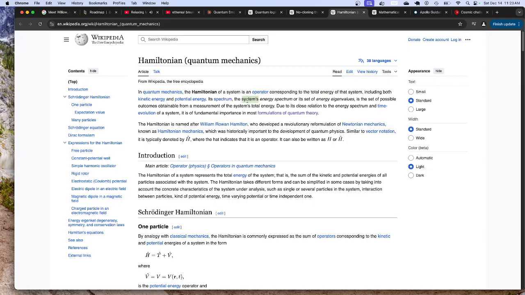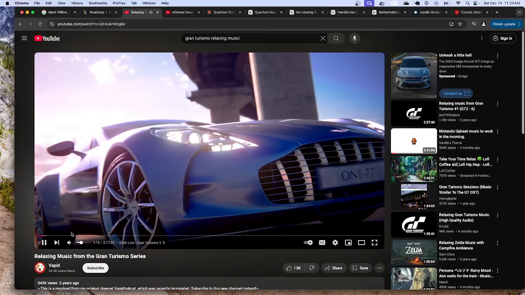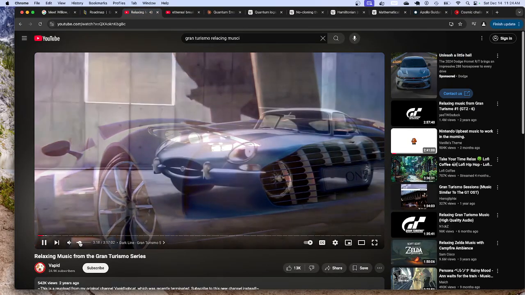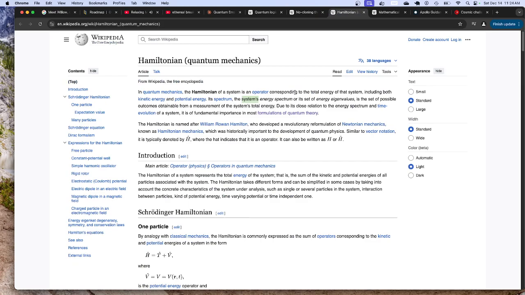Its spectrum, the system's energy spectrum, or set of energy eigenvalues, is the set of possible outcomes obtainable from a measurement of the system's total energy. Due to its close relation to the energy spectrum and time evolution of a system, it is of fundamental importance in most formulations of quantum theory.